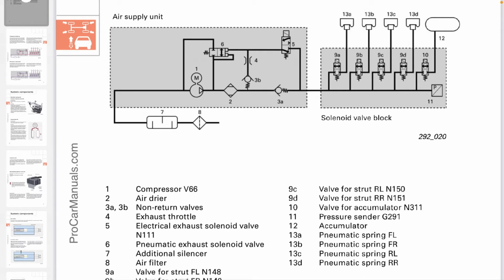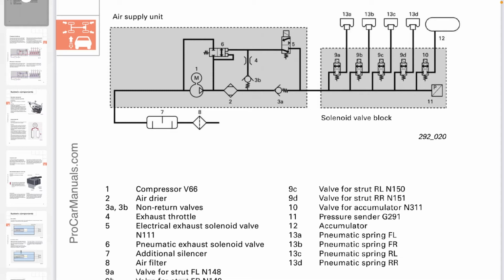So what does it mean? Why is that? Well, it means that in order to protect the compressor unit, the system will sense a different pressure between the air springs, the 13s and the 12.